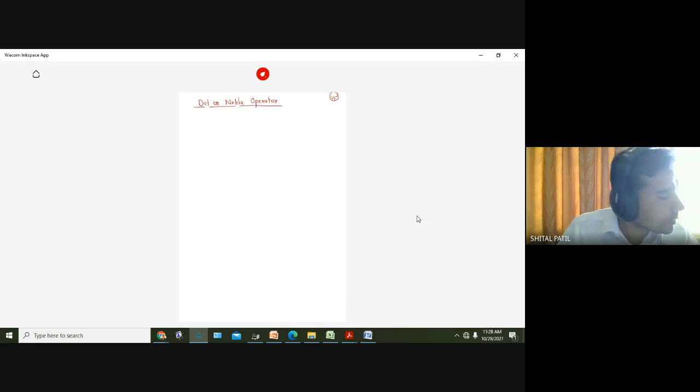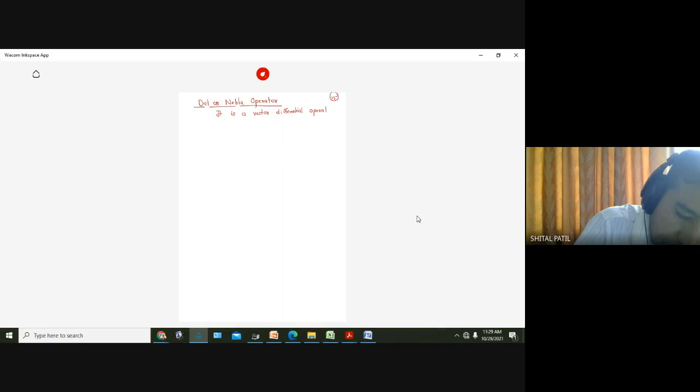Del or Nebula operator. It is a vector. It is a vector differential operator, so both things are there. It is a vector as well as a derivative.